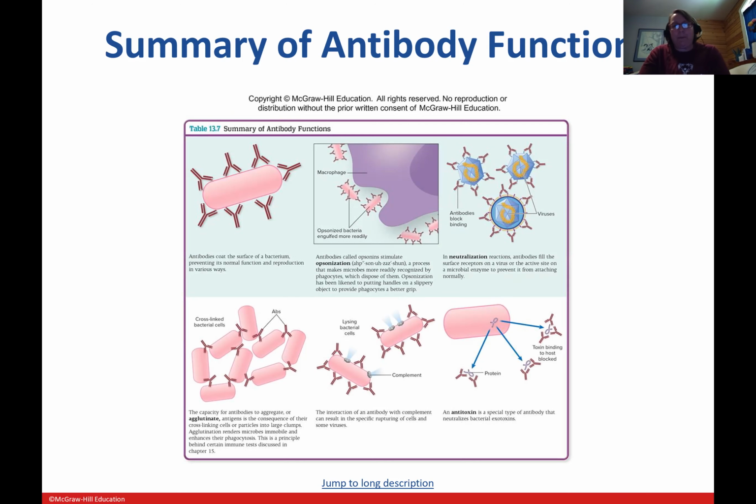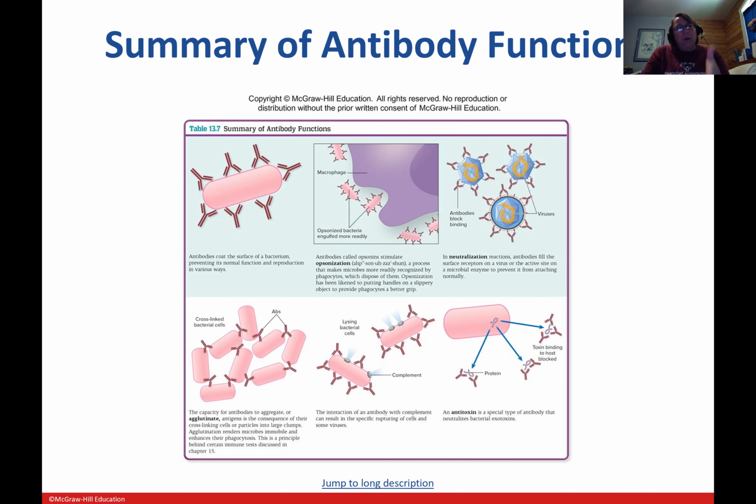And so in the middle, you have a picture of a macrophage slurping up all of these antibody-coated bacteria and actually doing the disposition. Okay, now if you have an antibody to a virus, remember you have that protein coat on the outside of a virus, there are antigens involved with that. So if the virus is coated with antibodies, it can't get to those binding sites that it needs in order to inject that DNA into the cell. So it physically blocks the virus from being able to do what it needs to do.